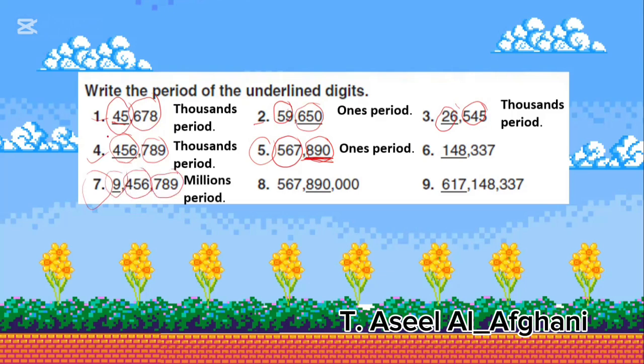Excellent. Number 8, ones period, thousands period, millions period. What about these 3 digits? They are lying in the thousands period. Amazing. Number 9, ones period, thousands period, and millions period. Excellent. So we have the underlined digits in the millions period.